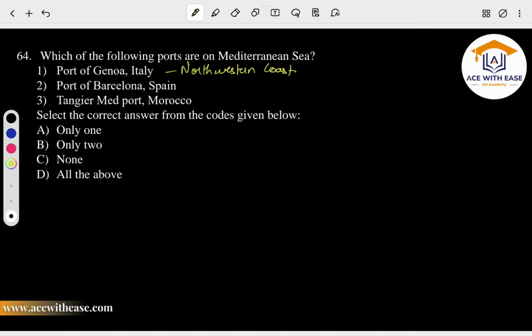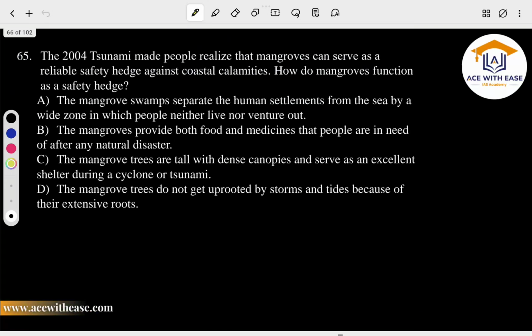And we have Tangier Med Port, Morocco, which is also located on the Mediterranean Sea. It is very near to the Strait of Gibraltar. Now this port is very near to this strait. So all the 3 options are correct. All of the above is the correct option.